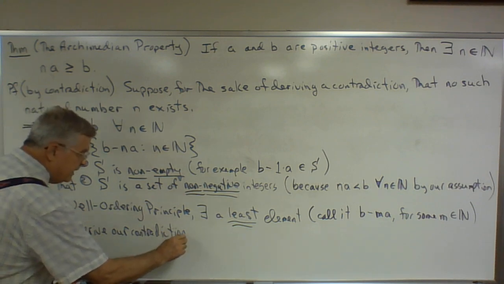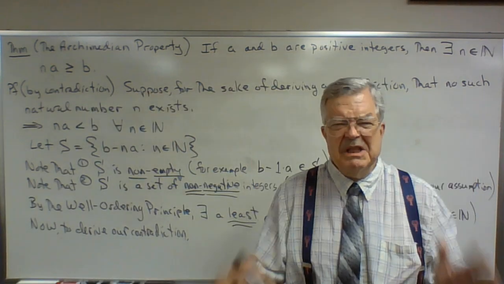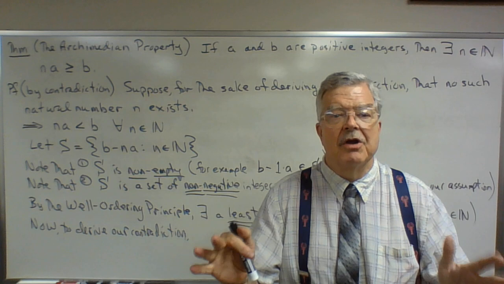And this is a proof by contradiction, which means that we're deliberately going to try to make things go wrong.